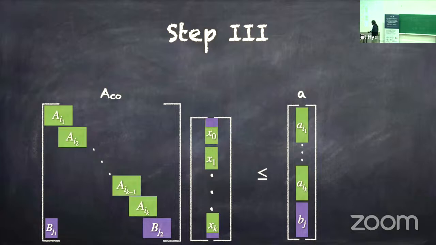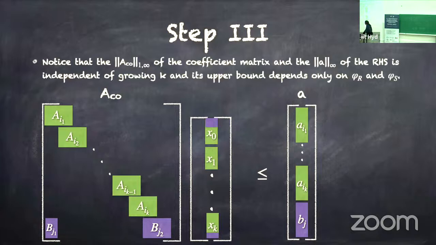Now notice that we have exactly the same setting, and also notice that the 1-infinity norm of the coefficient matrix only depends on phi R and phi S. Similarly, the infinity norm of the right-hand side is also dependent only on these.